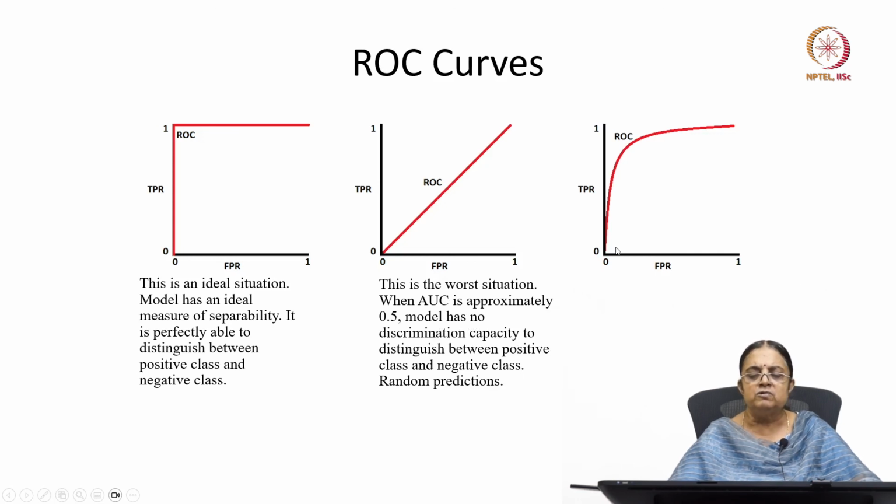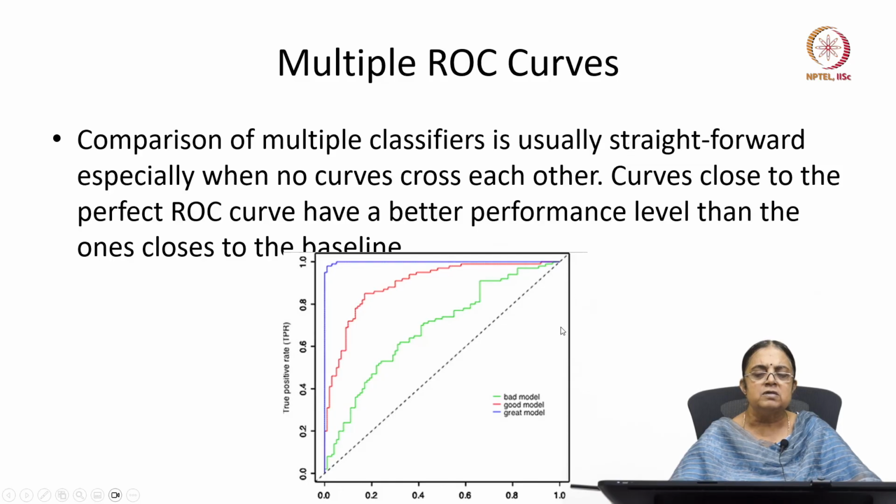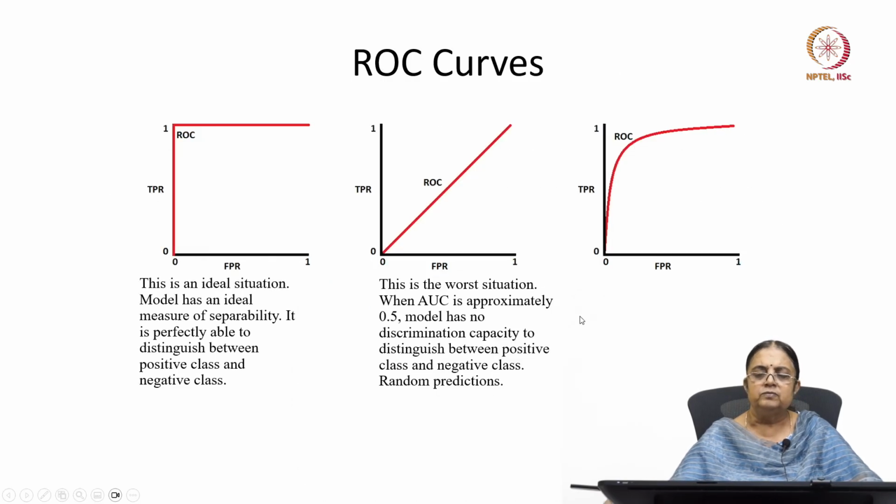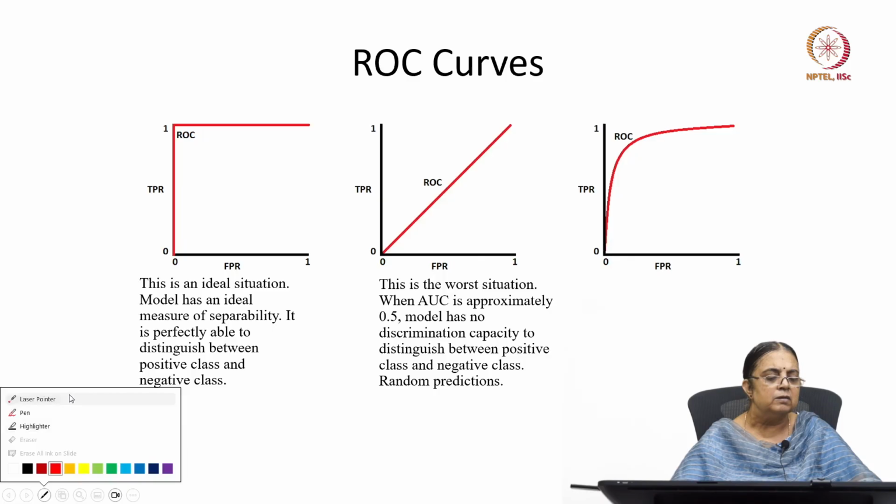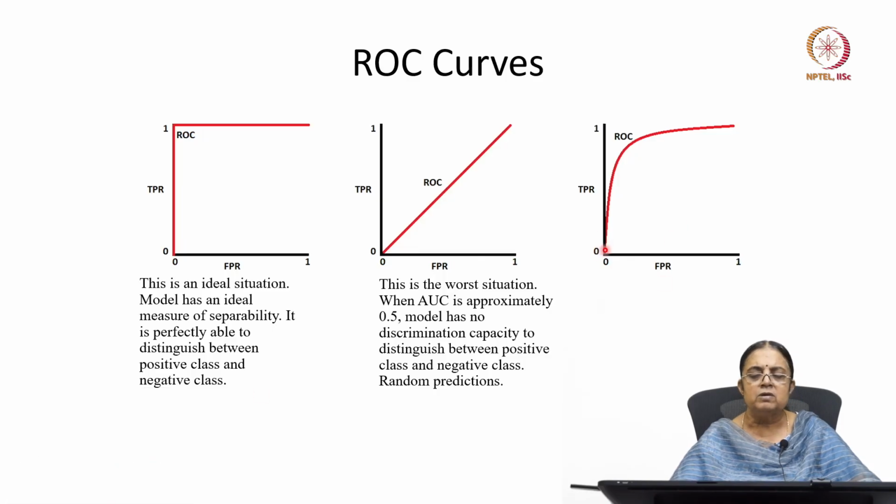So then usually you get ROC curves like this, and the higher this curve is, the better. For example, you may have a curve which comes below this curve, then you say the one which comes above or closer to this one here is the better ROC curve, okay.